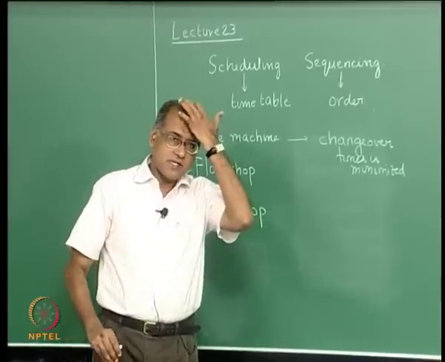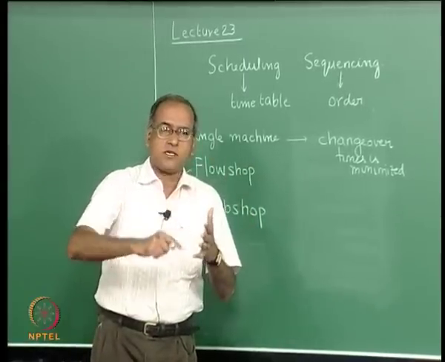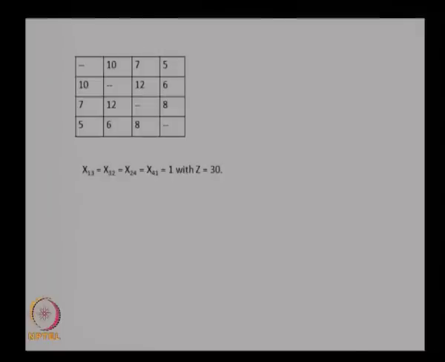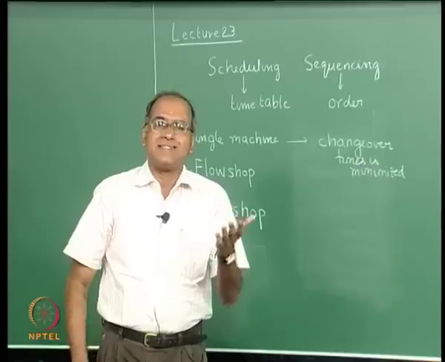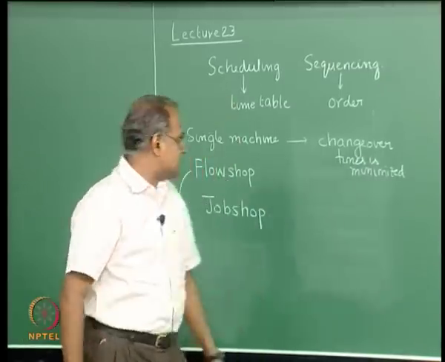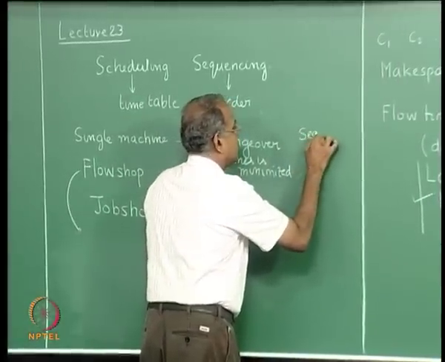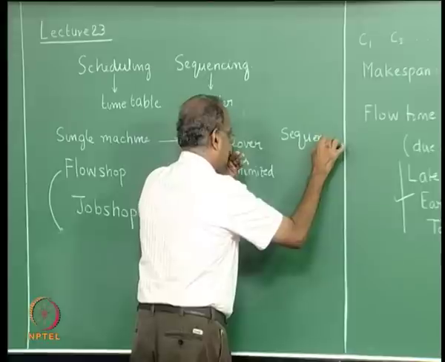But we have to change over from one job to another, and there is a changeover time that is associated with the process of changing over, and that changeover depends on the sequence in which these jobs are produced.